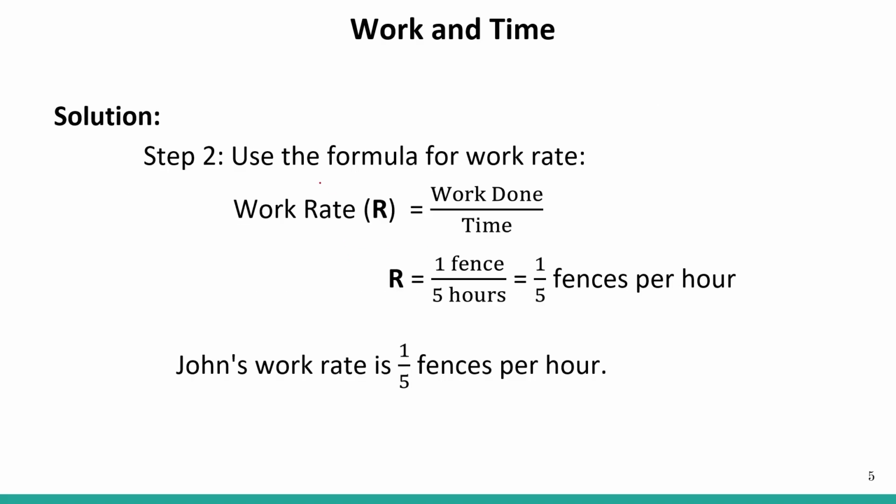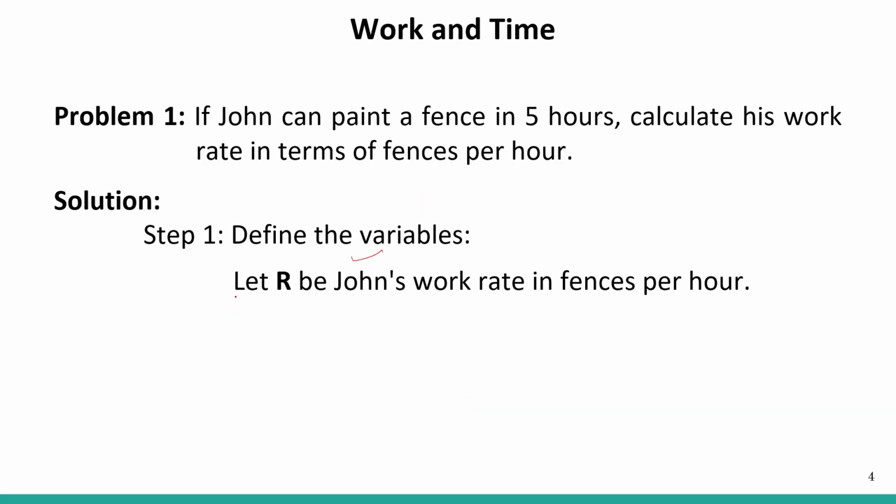Using the formula, work rate is equal to work done by time, which is 1 fence by 5 hours, equal to 1 by 5 fences per hour. So if John can paint a fence in 5 hours, the work rate will be 1 by 5 fences per hour.